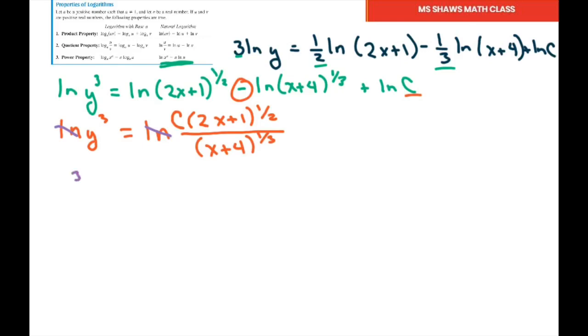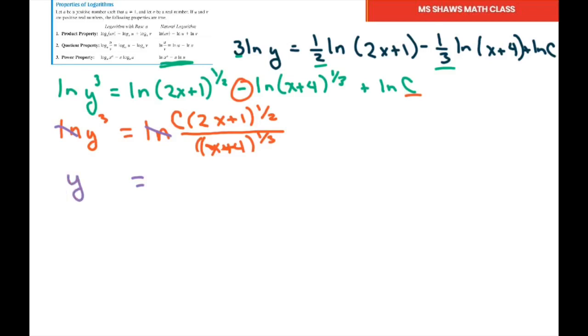So cube root of y cubed equals cube root of c times 2. Let me do it a little different, I think it's going to make it easier.